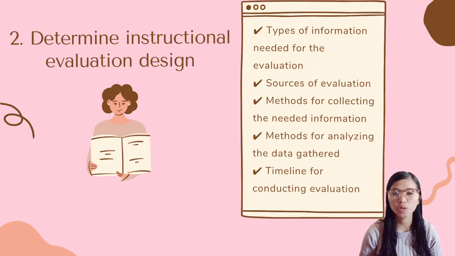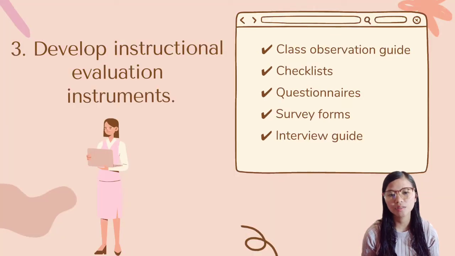Just like in doing curriculum evaluation, in instructional evaluation, the teachers will need to describe the types of information needed for the evaluation, sources of evaluation, methods for collecting the needed data, methods for analyzing the data gathered, and timeline for conducting evaluation. Now let's proceed to the third procedure.